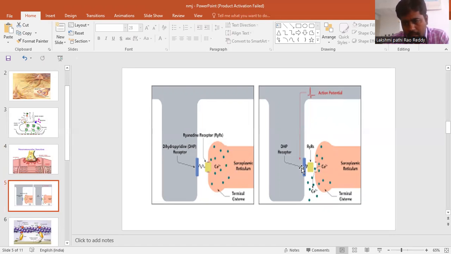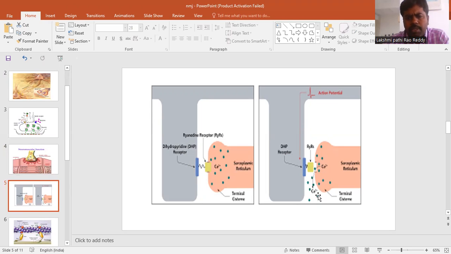Then this in turn activates the ryanodine receptors for the release of calcium in terminal cisternae. So who is stimulating all these things? It is stimulated by the action potential. The action potential is actually releasing this calcium within the sarcoplasmic reticulum.